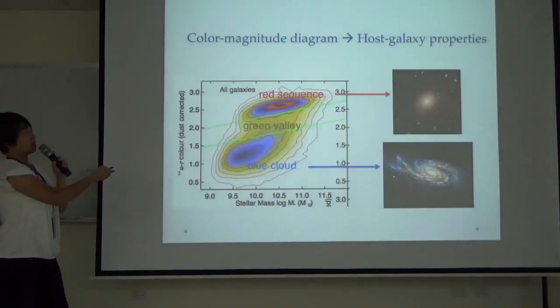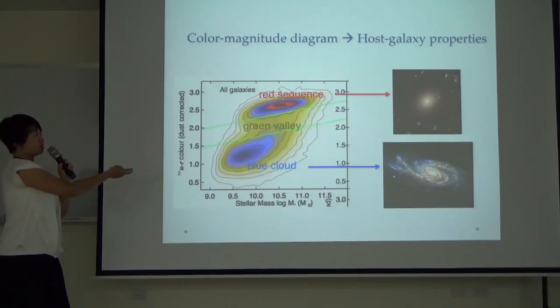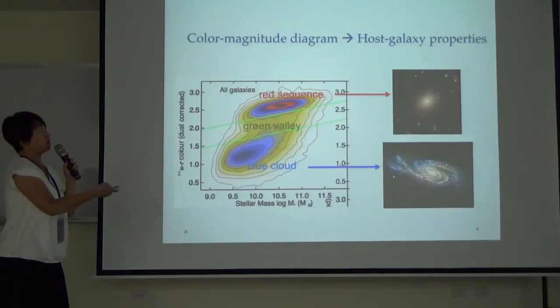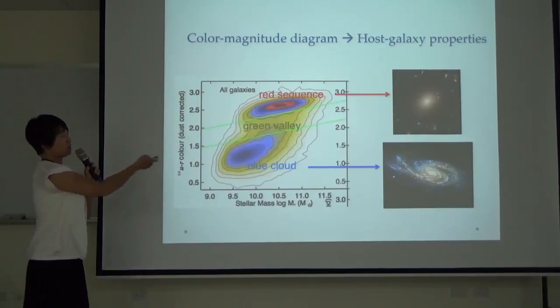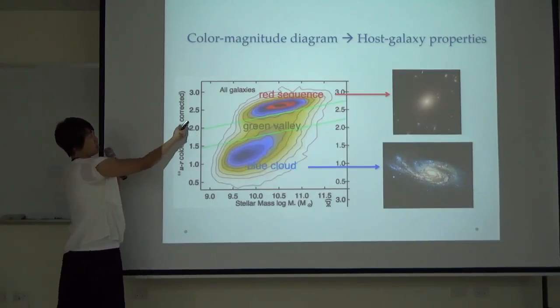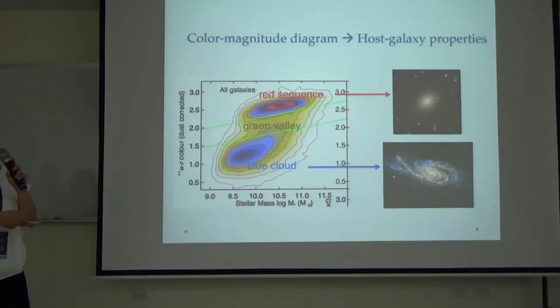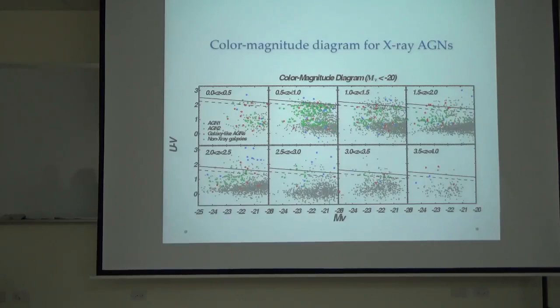I can use the SED fitting result to see where the AGN are located in the color-magnitude diagram, because as we see here, there's a red sequence, a green valley, and a blue cloud, which means they probably represent some evolutionary stages for the AGN. This is the AGN separated into different redshift bins.